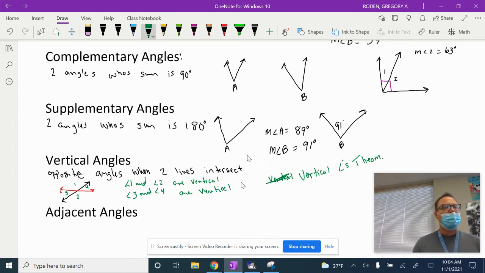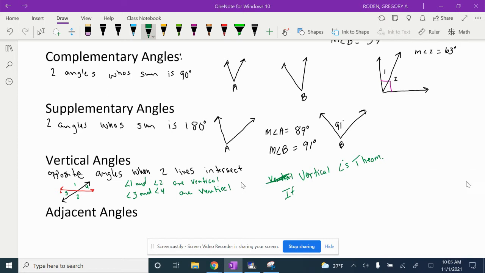All right, Brady, what does the vertical angles theorem say? If there's two lines going next to each other, and they create vertical angles, vertical angles are always congruent. Okay, very good. This is what it says: if two angles are vertical, then they are congruent.